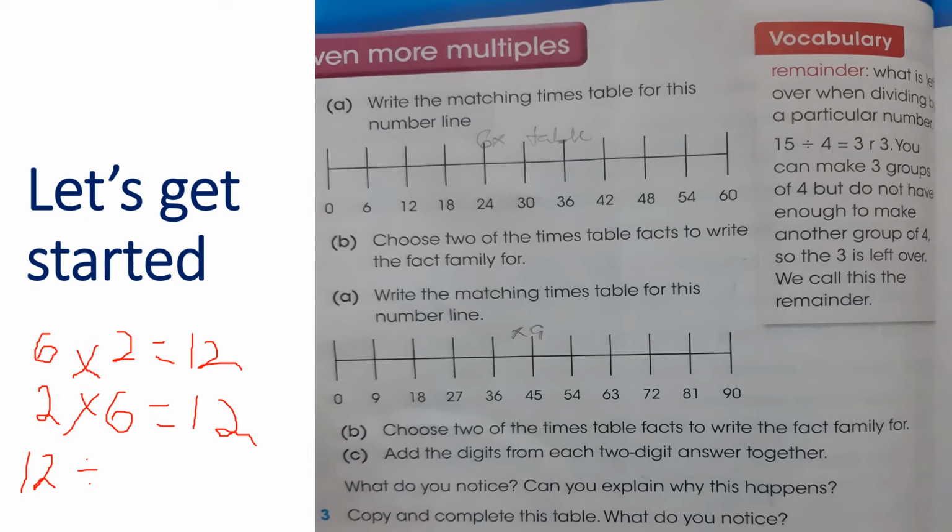You should write the first one backward. 12 divided by 2 equals 6. And what's the next one? 12 divided by 6 equals what? 2. So this is our fact family.